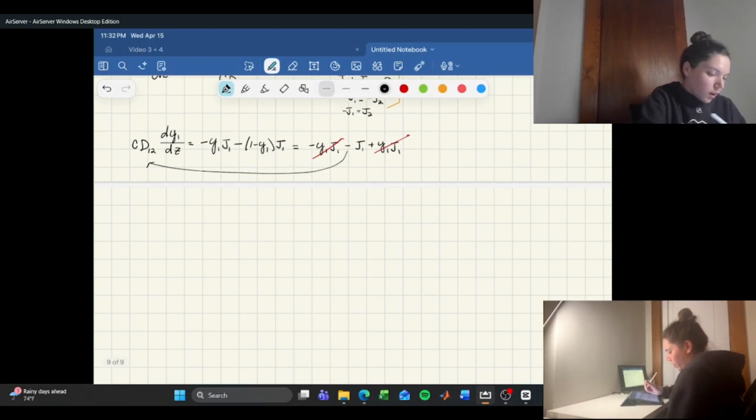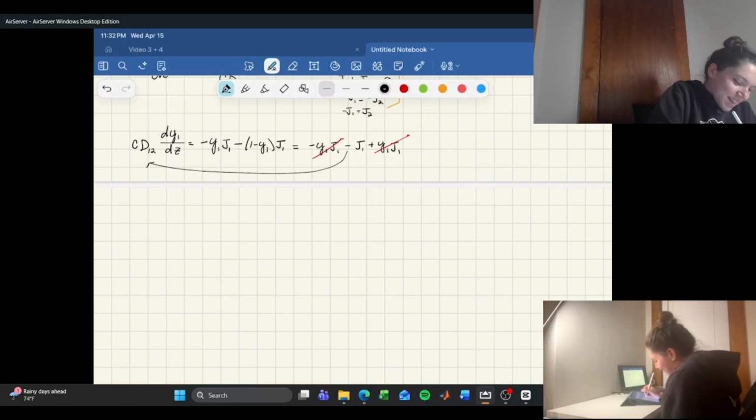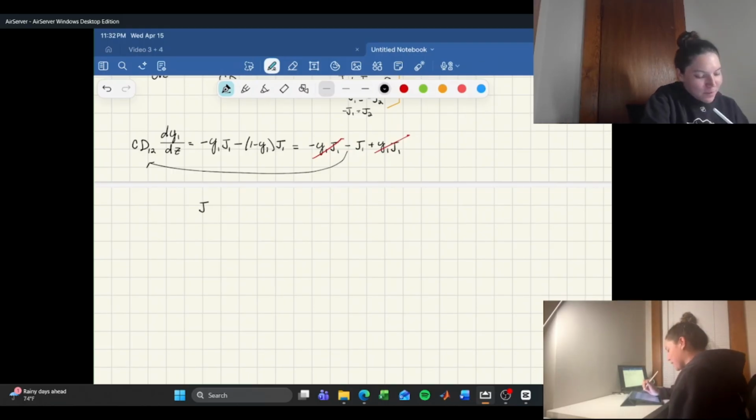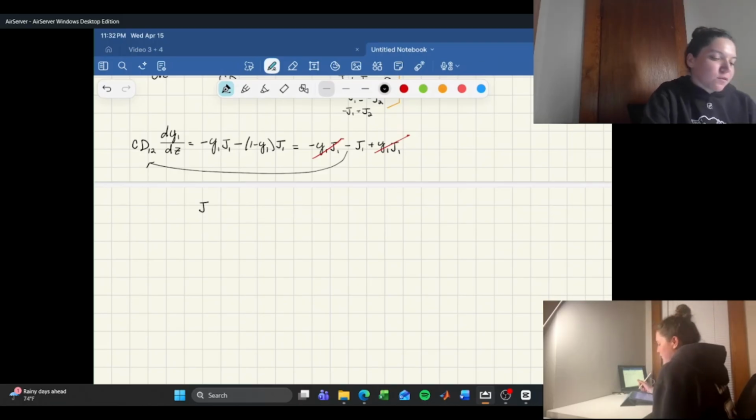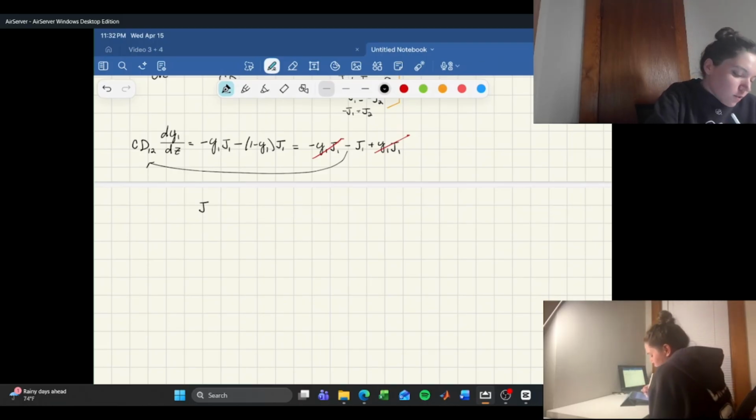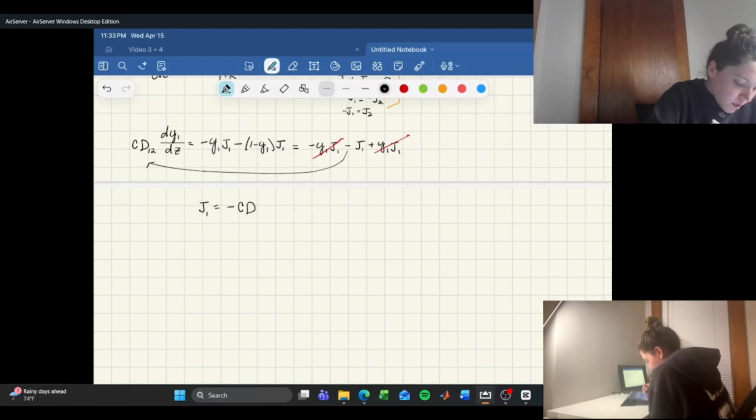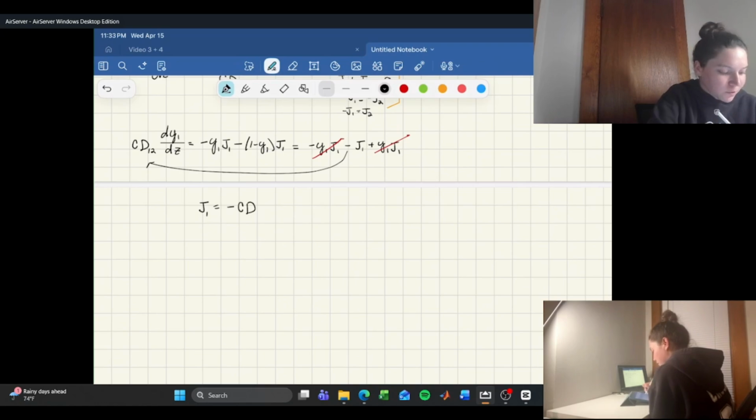you won't believe what we get. The molar diffusion flux of 1 is going to be equal to the negative concentration times the diffusion coefficient of 1,2 times the derivative of the mole fraction of 1 with respect to position.